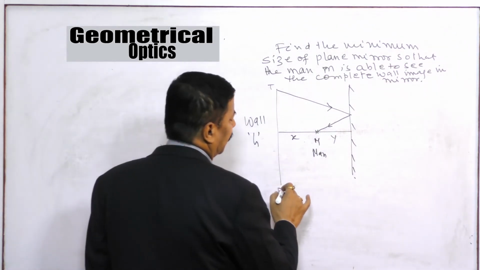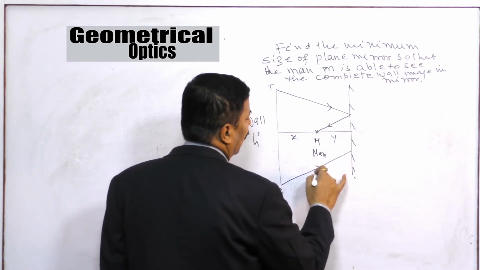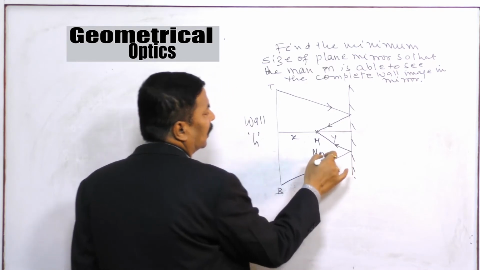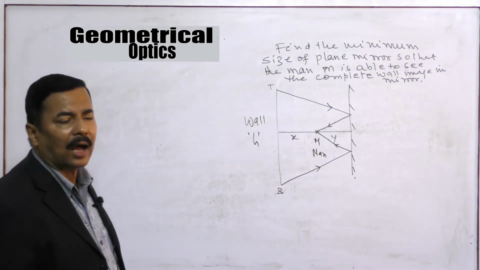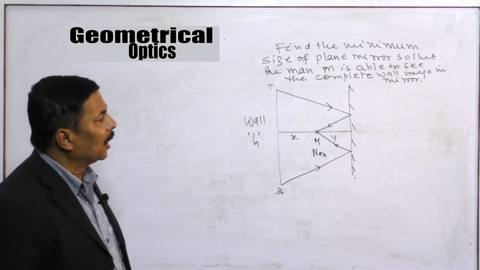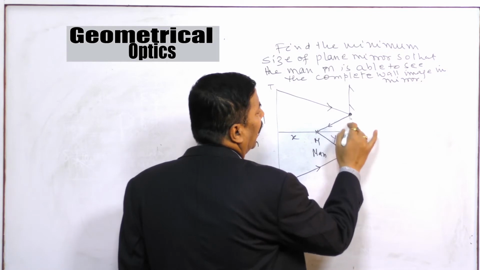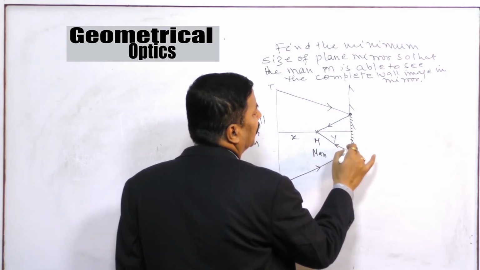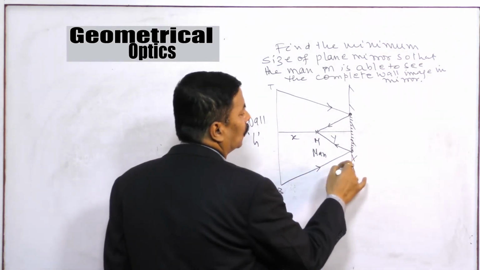Similarly, from the bottom also the ray of light should fall, and the incident light should fall on the mirror and the reflected light should come to the eye of the man. So this is the size of mirror from here to here. It is the size of the mirror that is of use. This has got no use at all.